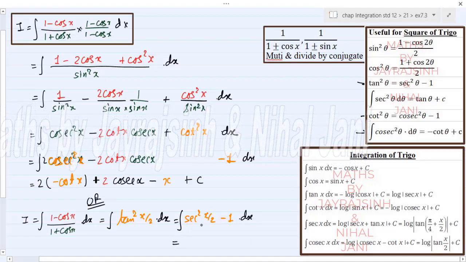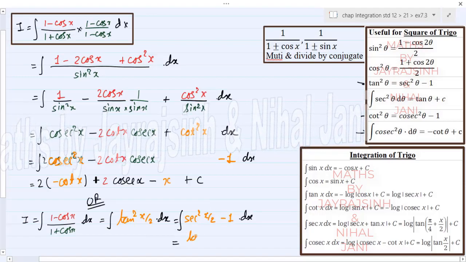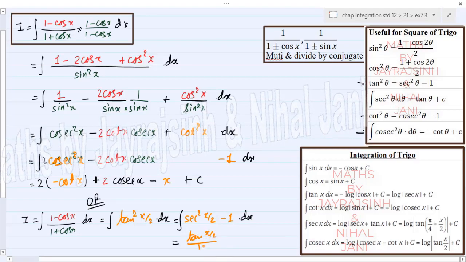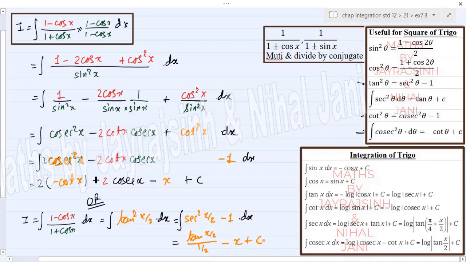So we are ready to integrate. Integration of sec square x by 2 is simply tan x by 2 upon coefficient of x, or we can say 1 by 2, minus integration of 1 will be x plus c is the final answer.